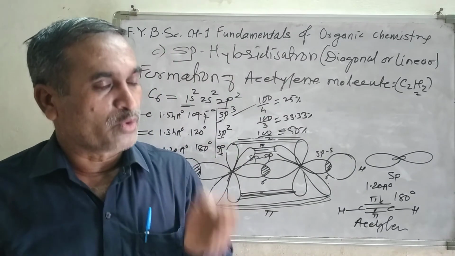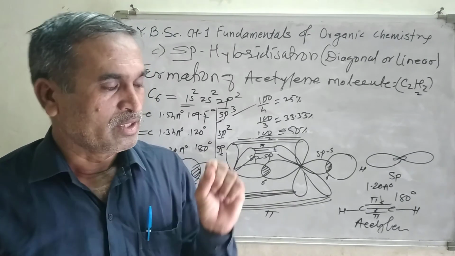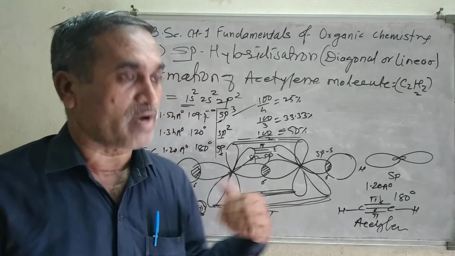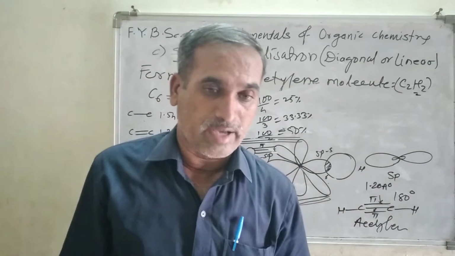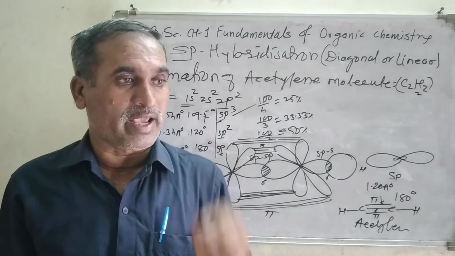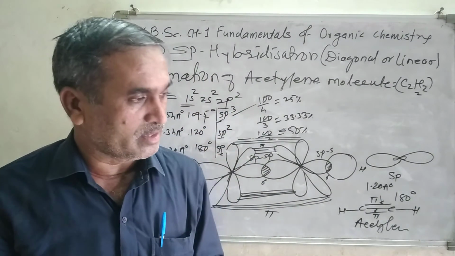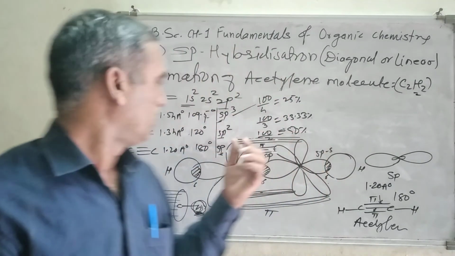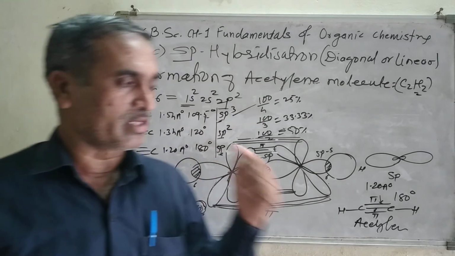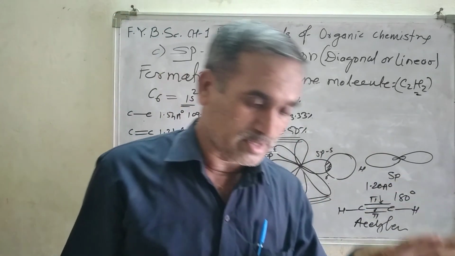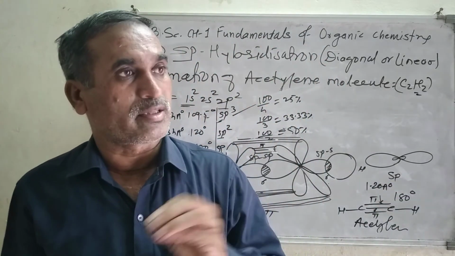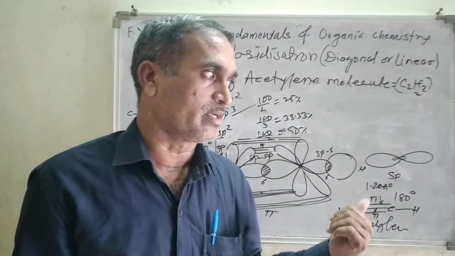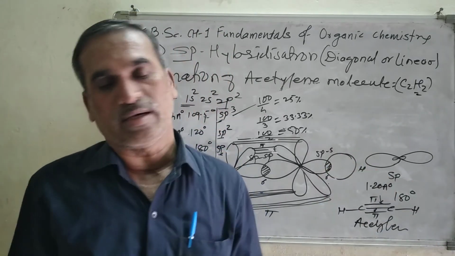Number two, to explain the bond strength. Just now we have seen why acetylenic protons are highly acidic in nature. To explain the strength of the bond: the sigma bond is stronger than the pi bond, or the pi bond is weaker than the sigma bond.